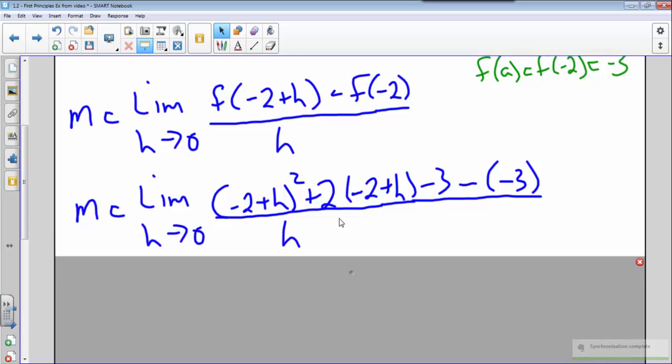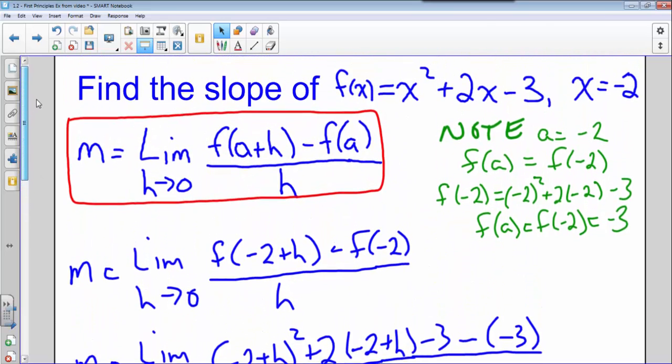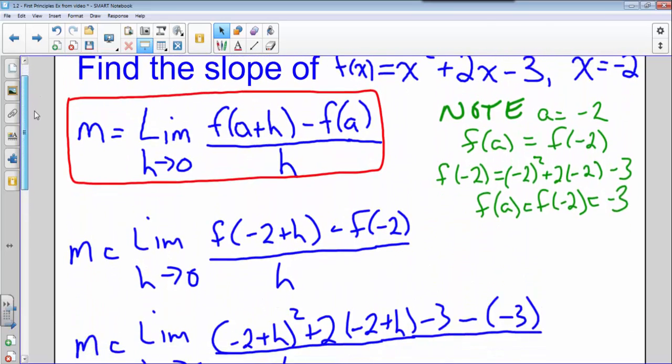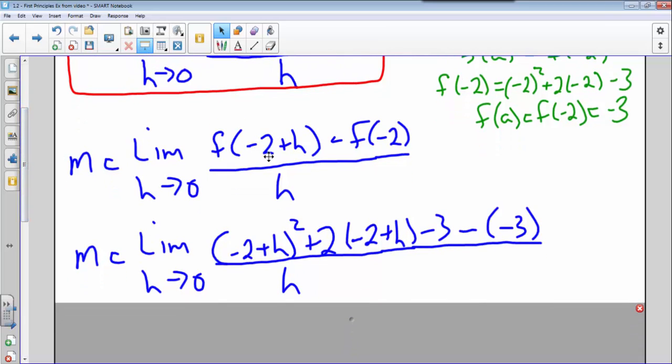Well, to do that, of course, we'll need to know the actual equations. The equation was from the top, x squared plus 2x minus 3. So this gets substituted in for the x in the first term, plus 2 times substituted in for the x in the second term, minus 3, and then minus f negative 2, which was a value of negative 3.